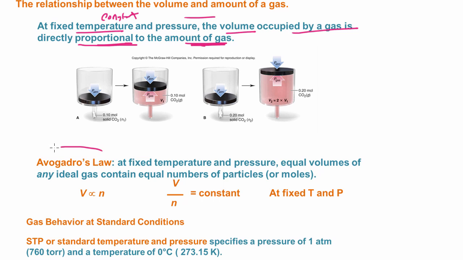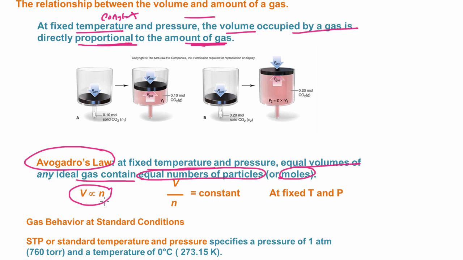So this is called Avogadro's law. And again, at a fixed temperature and pressure, equal volumes of any ideal gas will contain equal numbers of particles, which of course we can translate into moles. So again, we have the proportion between volume and moles.